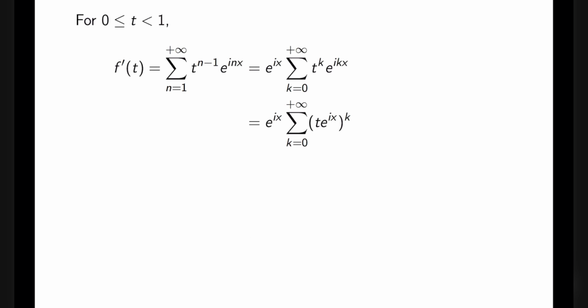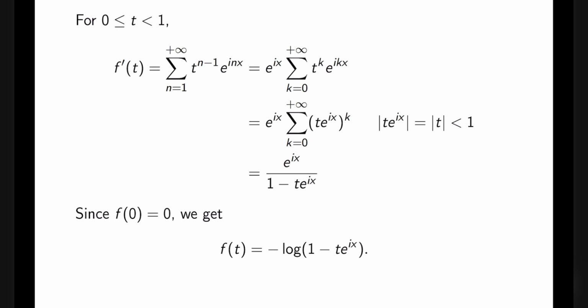So it's just exponential ix times the geometric series of t exponential ix, okay? And this can be computed because now the modulus of t exponential ix is strictly less than 1. So we get exponential ix divided by 1 minus t exponential ix.